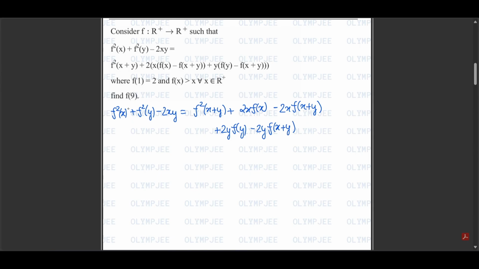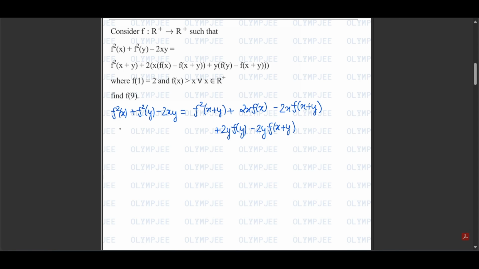And if you see, then this f²(x) and f²(y) are given, and also 2x f(x) and 2y f(y) are given. So it is suggesting that something of (a+b)² should be forming here. But x² and y² are missing. Also, you can see that the same kind of terms are given for this x+y thing.